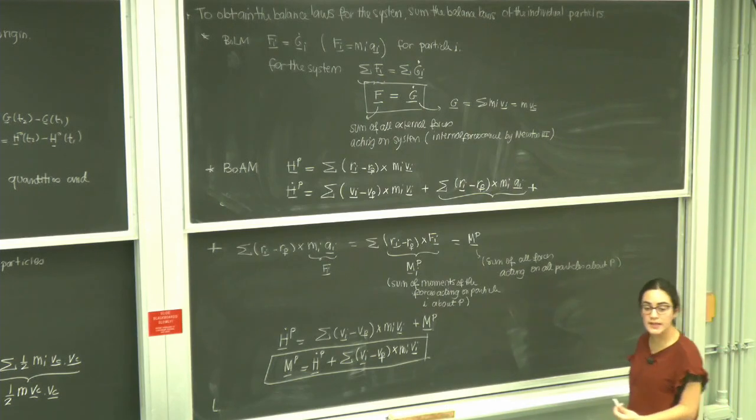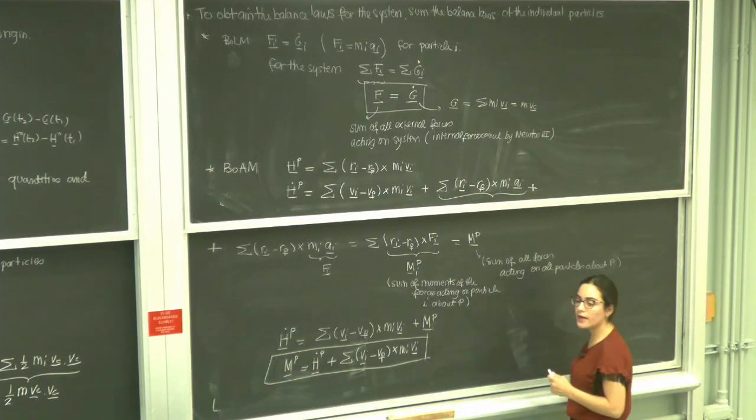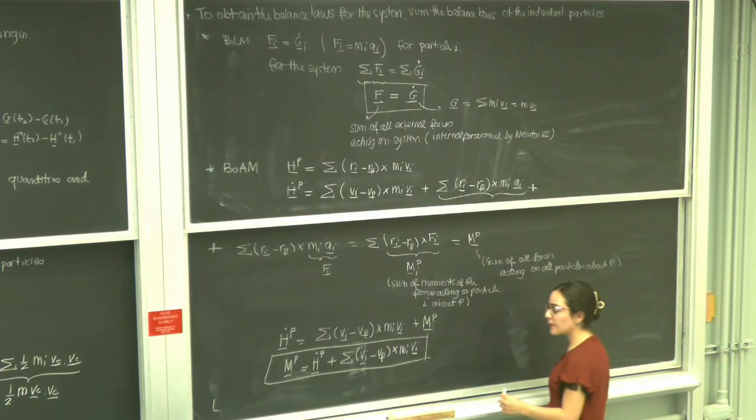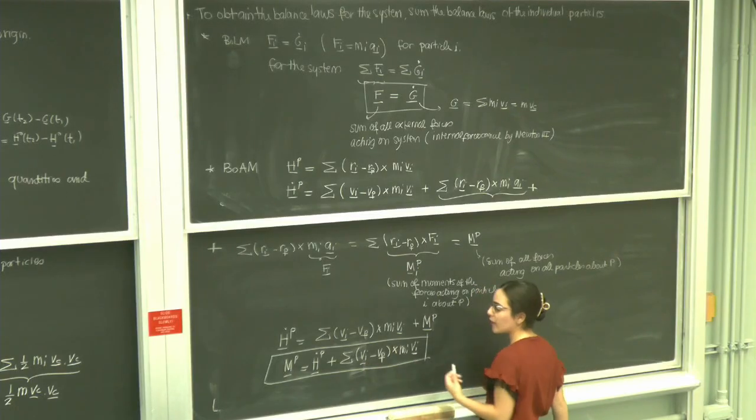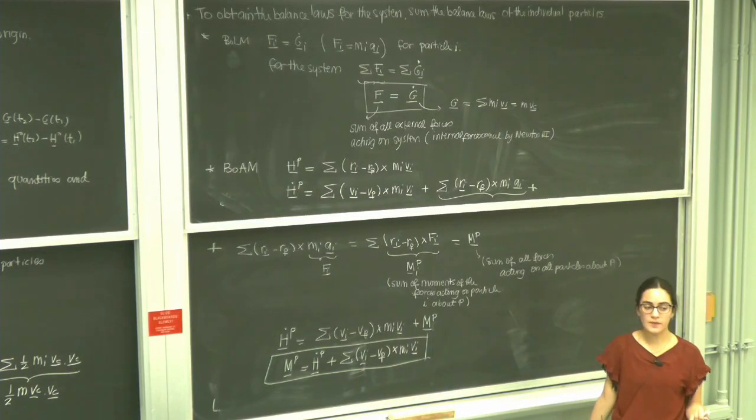I can even expand this cross product. If I calculate vi cross vi, or any vector cross with itself, what do I get? Zero.